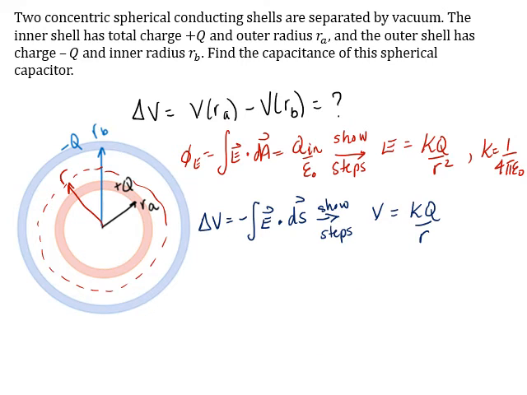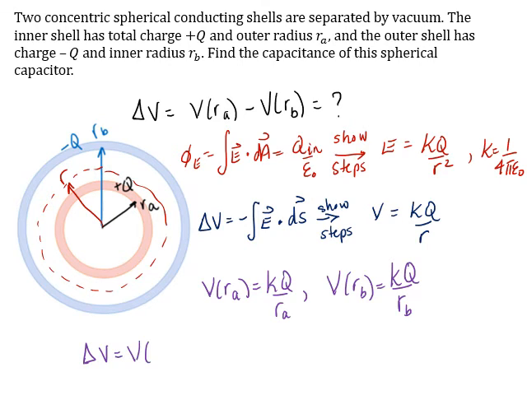This means that the potential at surface RA is equal to K times the charge divided by RA, and our potential at surface B, just as we reach surface B, is K times Q divided by RB. Our change in potential then, delta V, is V of RA subtract V of RB equals KQ over RA subtract KQ over RB.